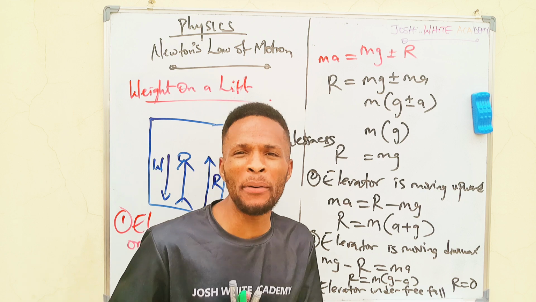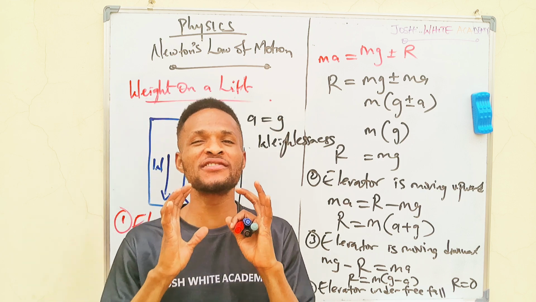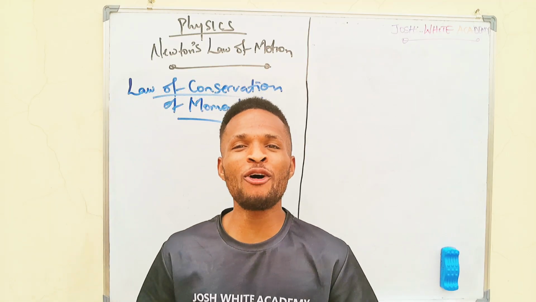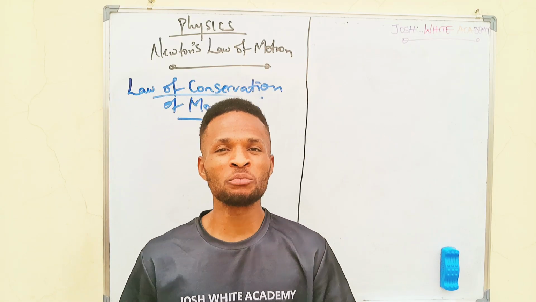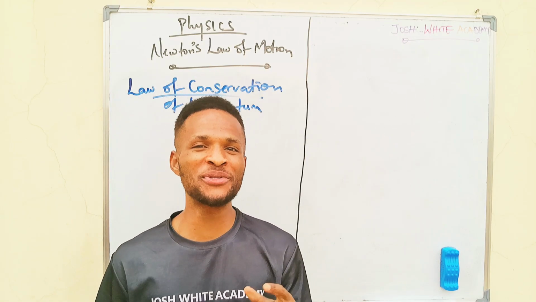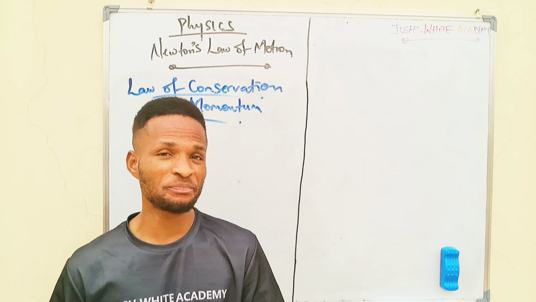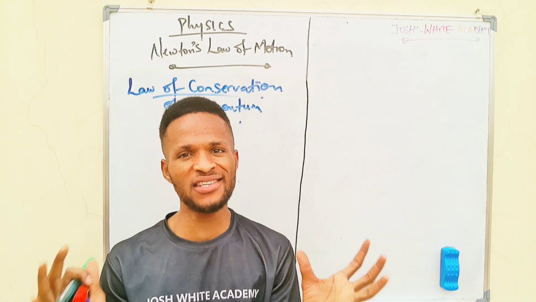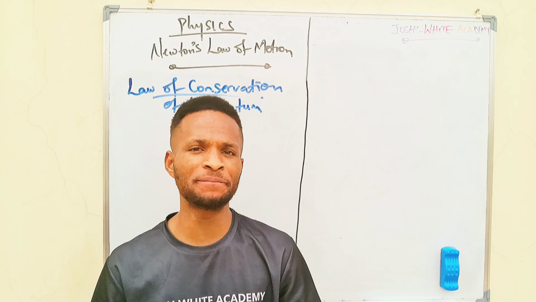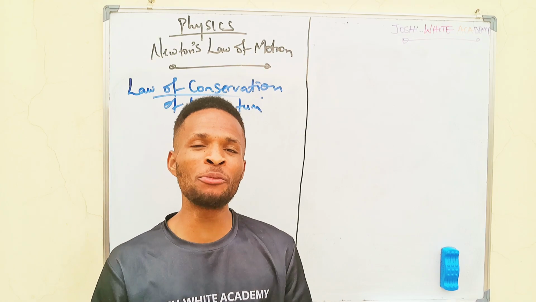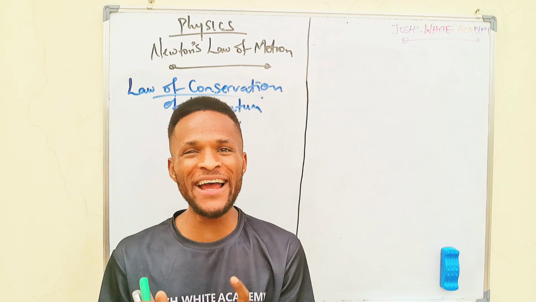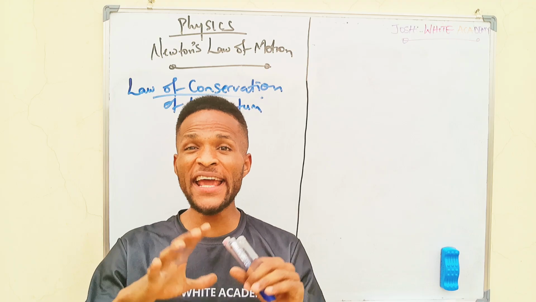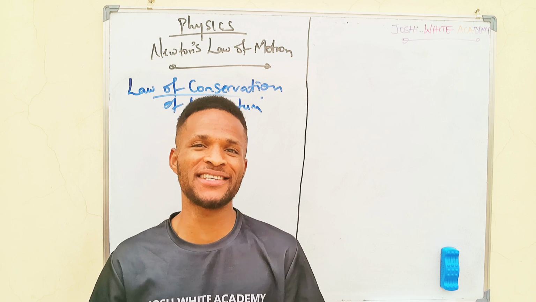Now, let's talk about the law of conservation of linear momentum. The law of conservation of linear momentum was coined from Newton's second law and third law of motion. It states that in a system of colliding bodies, the total momentum is conserved, provided there is no net external force acting on that system.